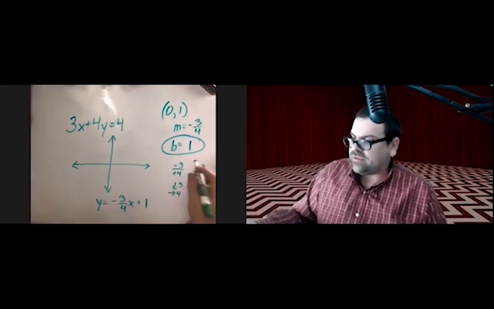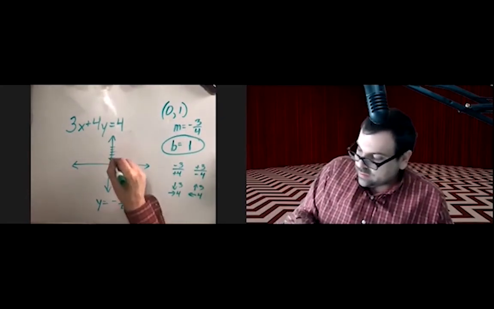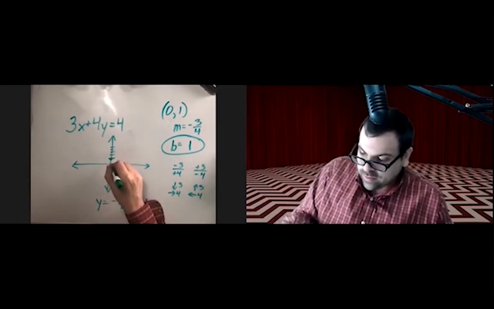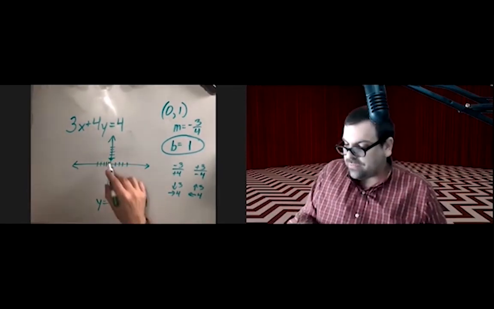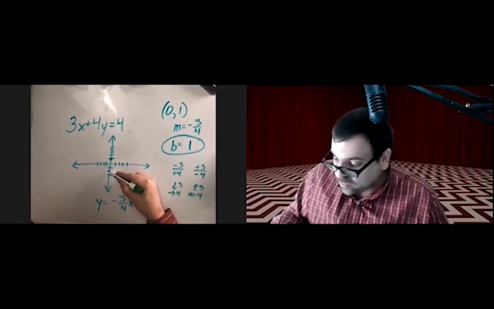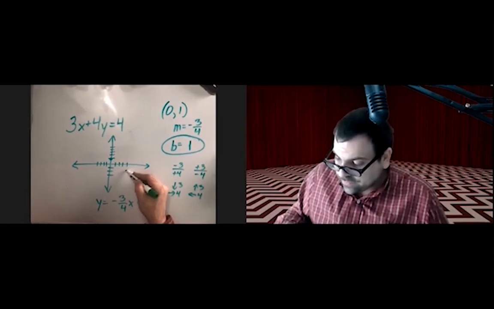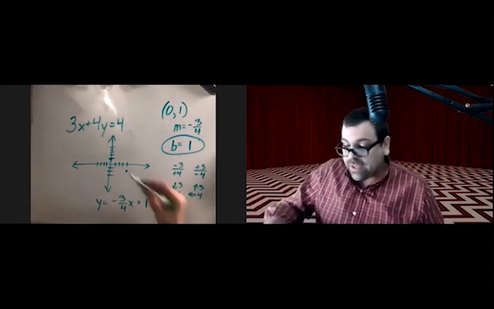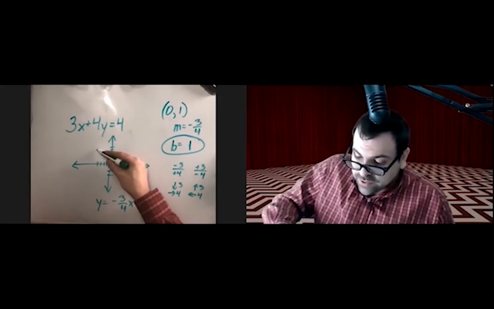A y-intercept of 1 means the point (0, 1) is on there. So from there, we either count down 3, 1, 2, 3, right 4, 1, 2, 3, 4. Or we can count up 3, 1, 2, 3, left 4, 1, 2, 3, 4.